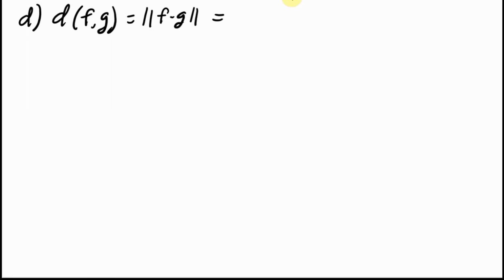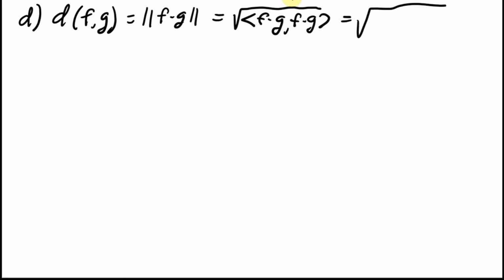And we said that was the same thing as the square root of the inner product of f minus g with f minus g. And that comes out to be the square root of the inner product of 2 minus 9x squared with itself.